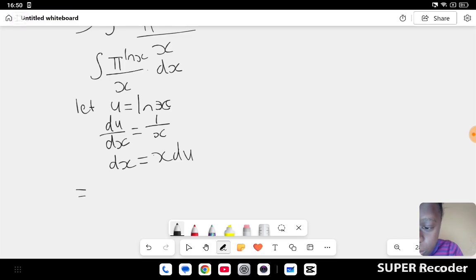This will be equal to the integration of pi to the u divided by x multiplied by x du.